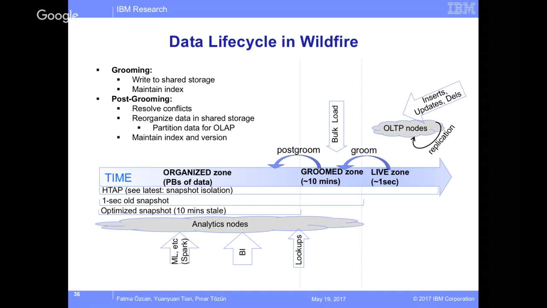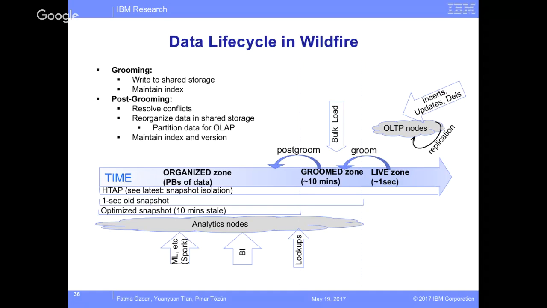At this point, external readers can access the data. What external readers don't see is what's in the live zone, but it's only about a 1 second delay. And another responsibility of the groomed zone is to maintain the primary index and secondary index.